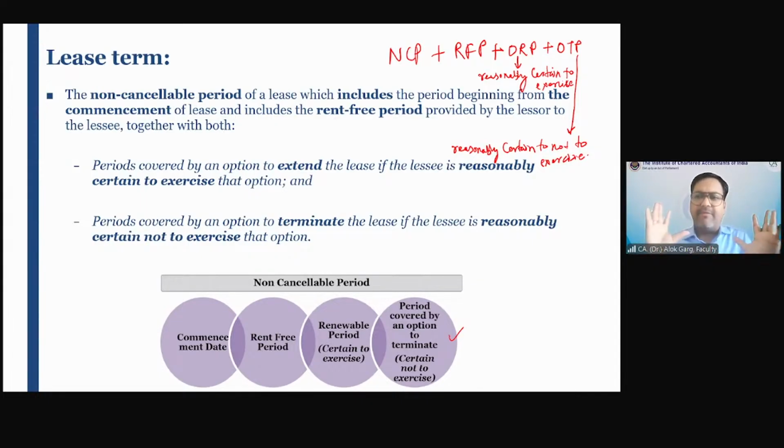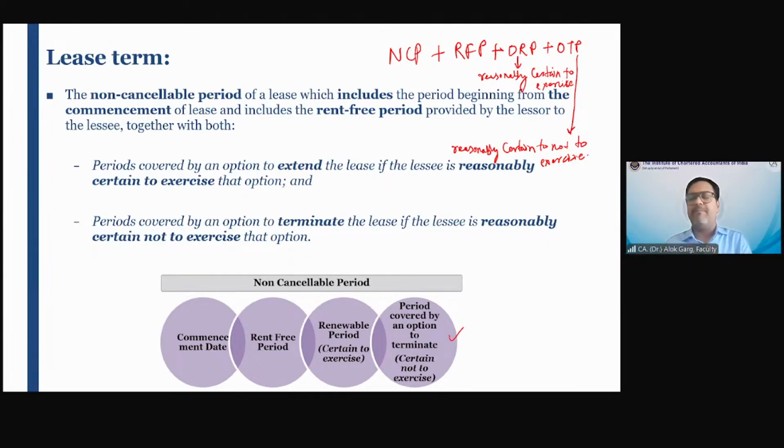To simplify, lease term LT is equal to non-cancelable period plus rent-free period plus optional renewal period if the lessee is reasonably certain to exercise the renewal, plus optional termination period if the lessee is reasonably certain that he will not exercise the termination.